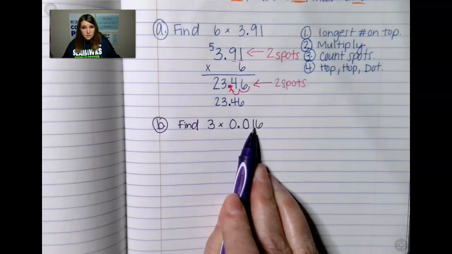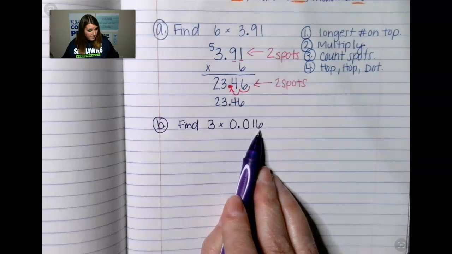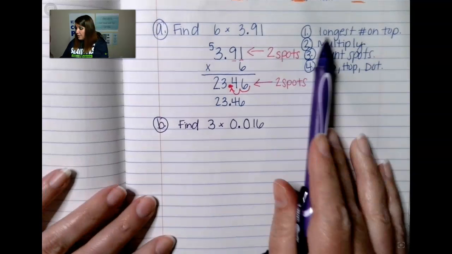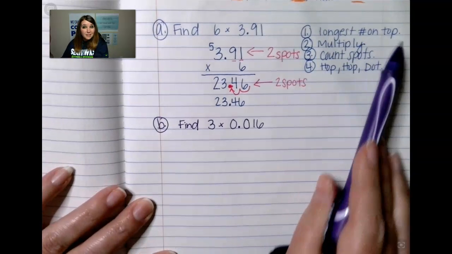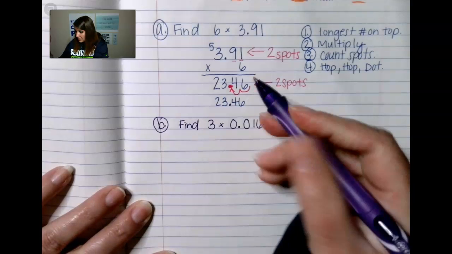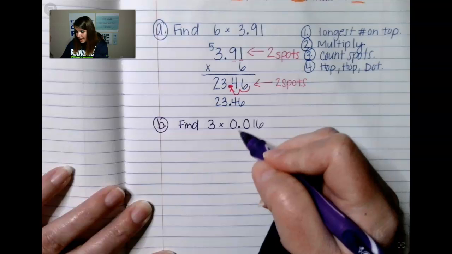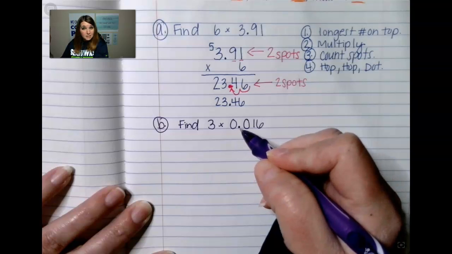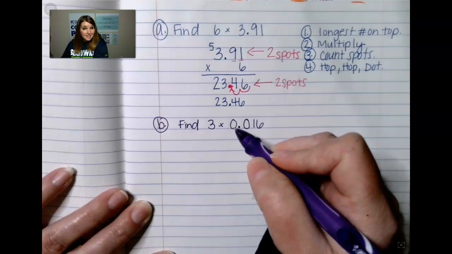Tenths, hundredths, thousandths. Okay, so our job now is to put the longest number on top. And guess what? Because there's nothing in the ones place, we actually don't even need this 0.